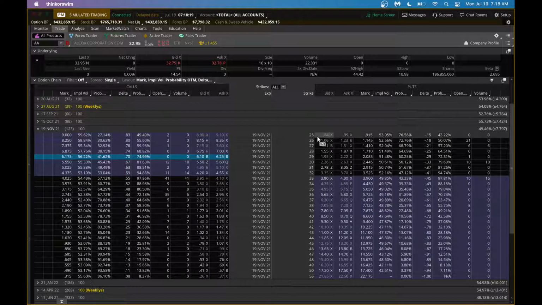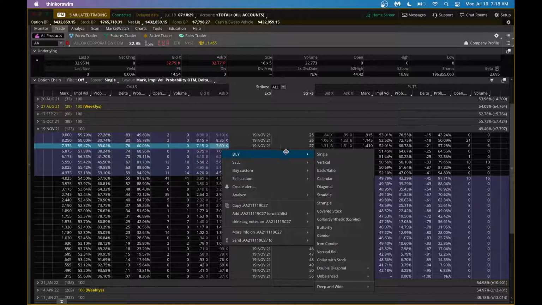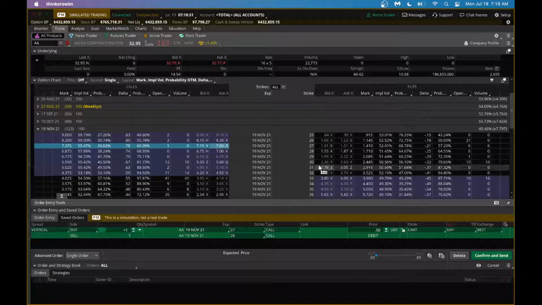That could be one way to play, or even you could do a 27 and 32 spread. So if you do 27-32, you could just buy the spread 27 and 32, something like this. If you do this, you could confirm and send here.